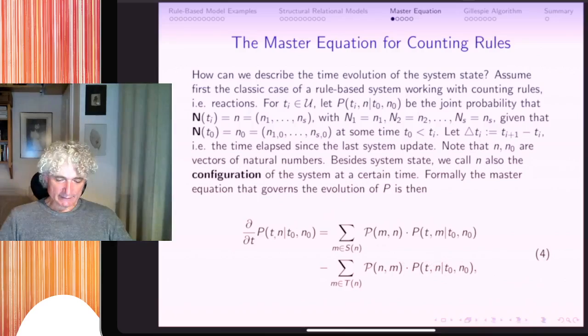So here you see we had been at configuration m, and we jumped to configuration n, and here we had already been at configuration n, and then we jumped away to a configuration m. So this explains the master equation.